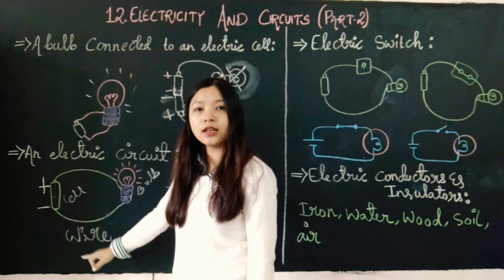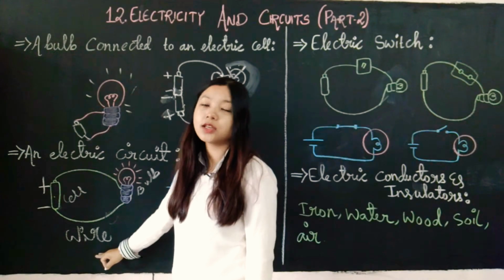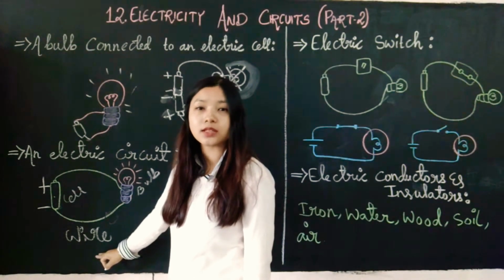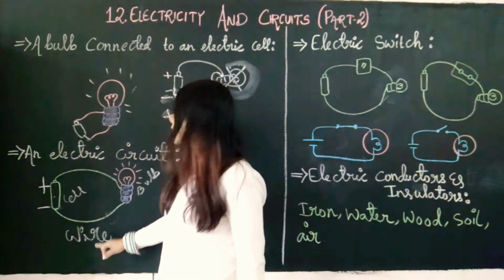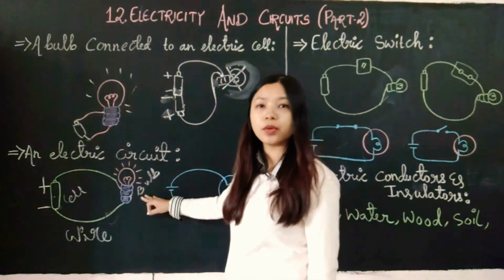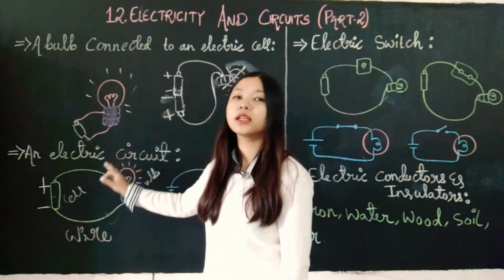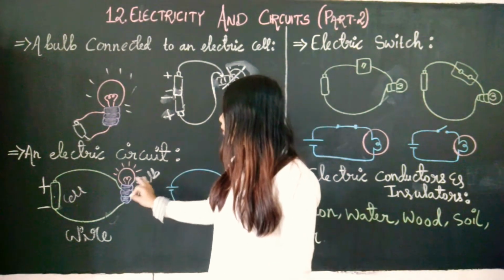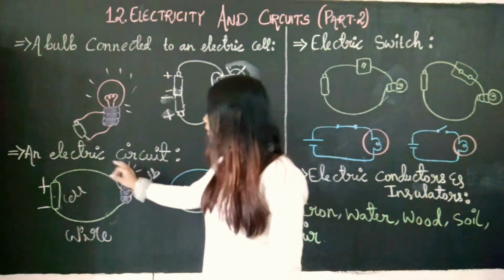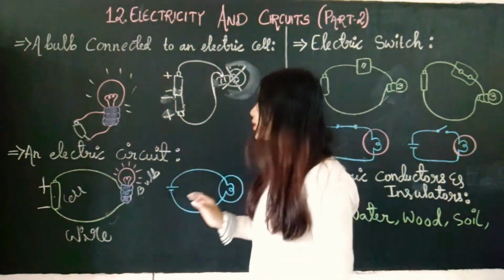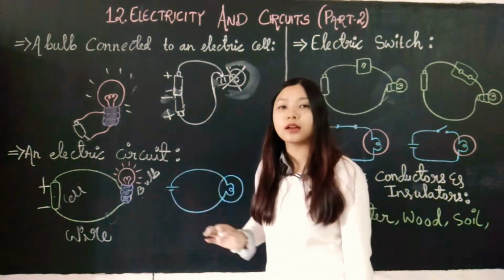An electric cell, electrical wires which are mainly made up of metals, good conductors that allow the electricity to pass, and a simple bulb, connecting all these three together and making the electricity flow in it. It is a simple electric circuit.